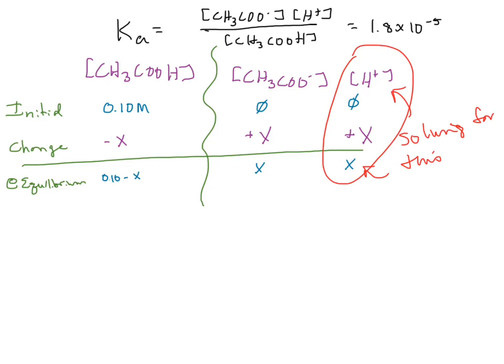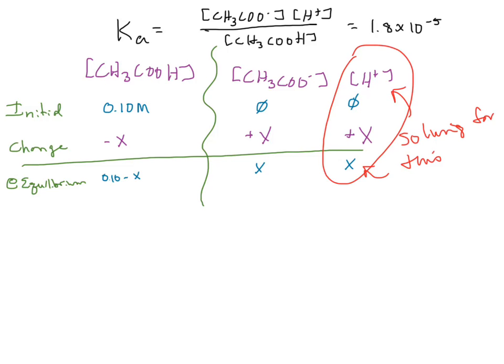At equilibrium, we take the initial weak acid, which was 0.10, apply the change, minus x, so we have 0.10 minus x. At equilibrium, we have x quantities of the two things on the product side.